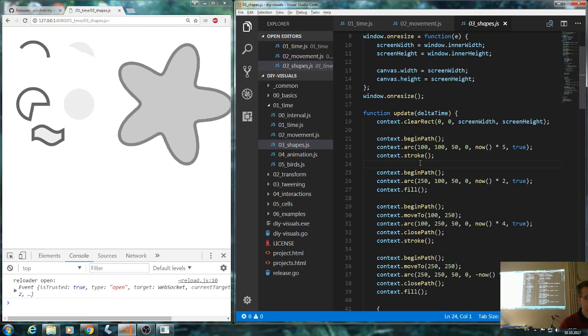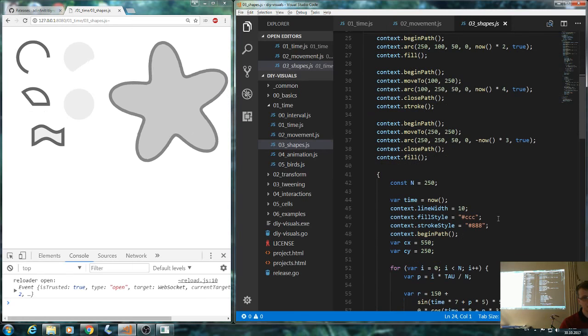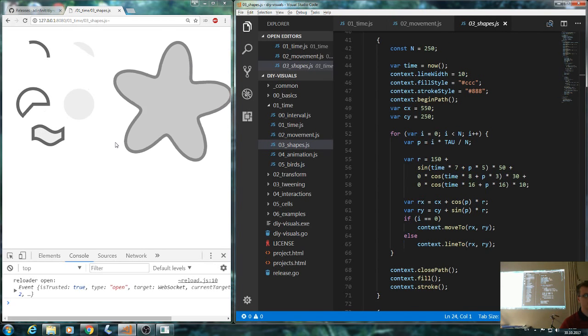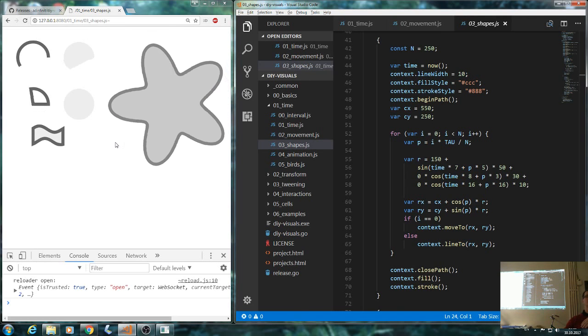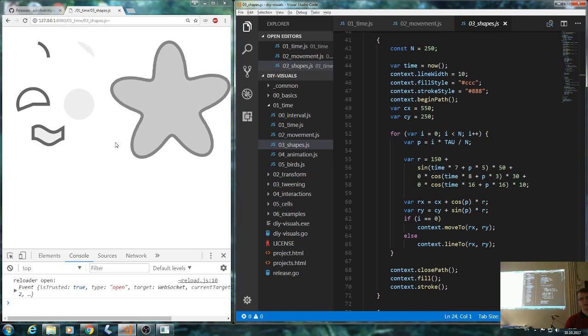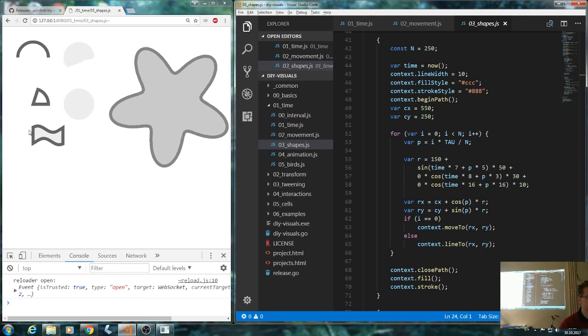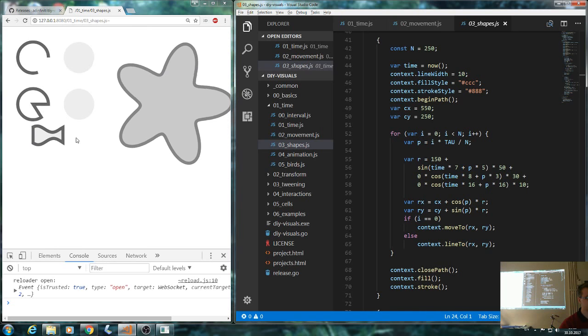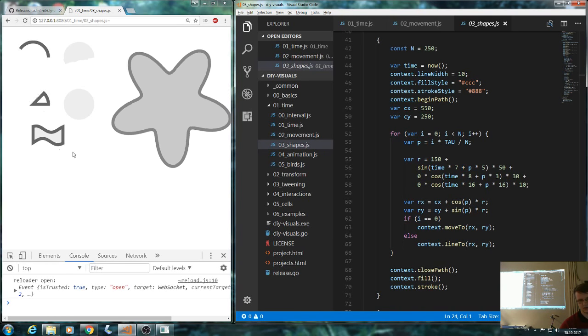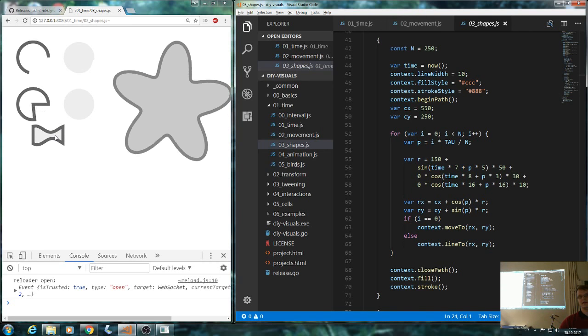And then based on that, we fill things. But we can also draw these shapes using moveTo and lineTo based on time and sinus functions, and combine them. For example, this shape here uses a sinus function for the upper part and sinus for the lower part, and then it combines.